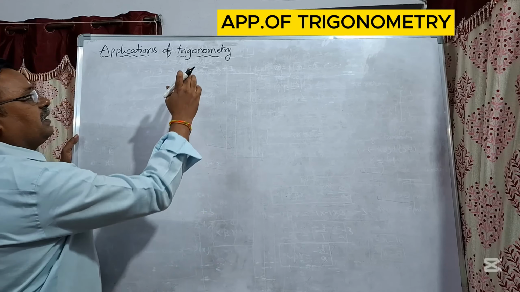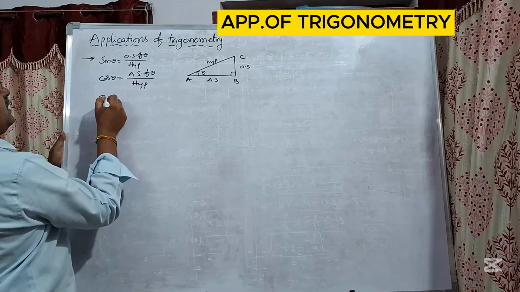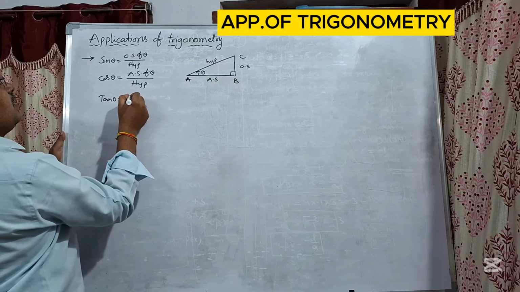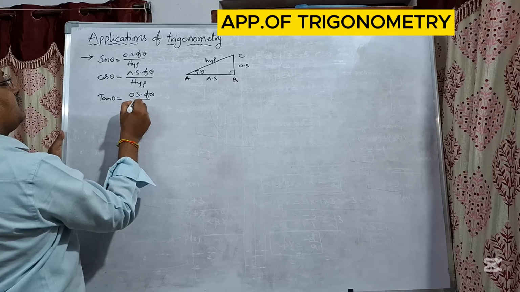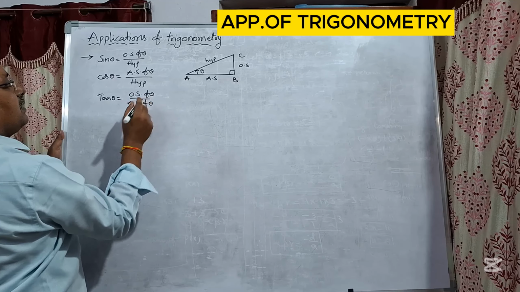Sin theta is equal to the opposite side of theta by hypotenuse. Cos theta is equal to the adjacent side of theta by hypotenuse. Tan theta is equal to the opposite side of theta by the adjacent side of theta.